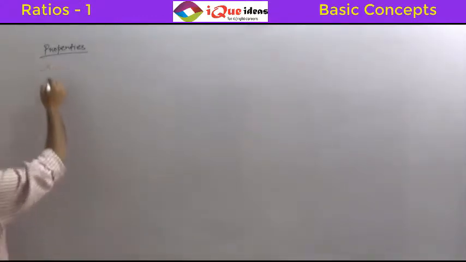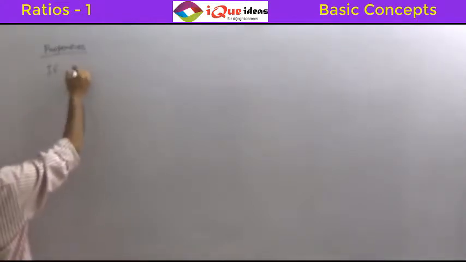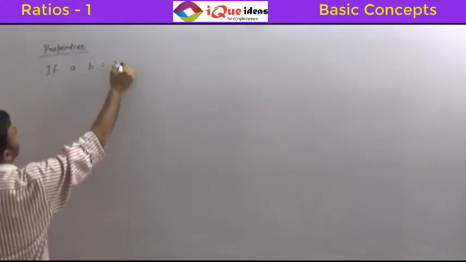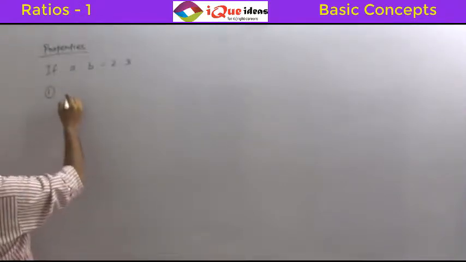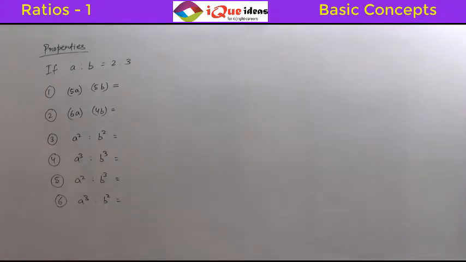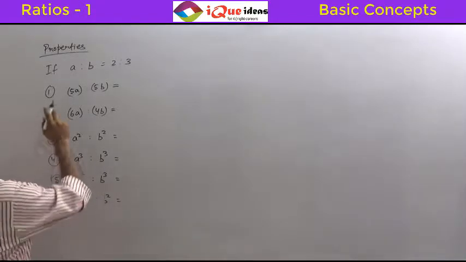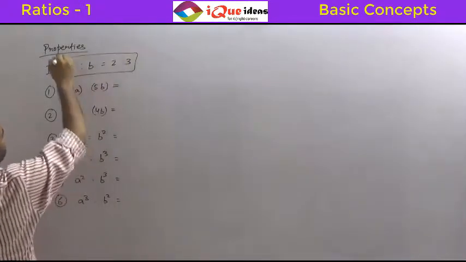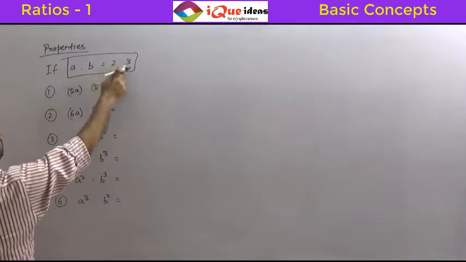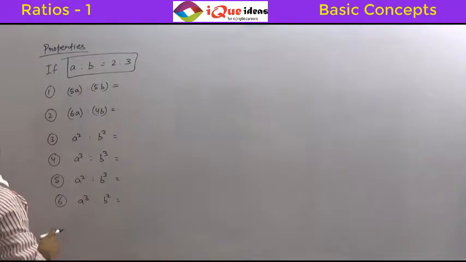So first, suppose it is given that A is to B is 2 is to 3, then what will be the ratio of... alright, let's take them one by one. First of all, you will always get this kind of situation wherein some unknowns and some knowns are combined in a ratio.